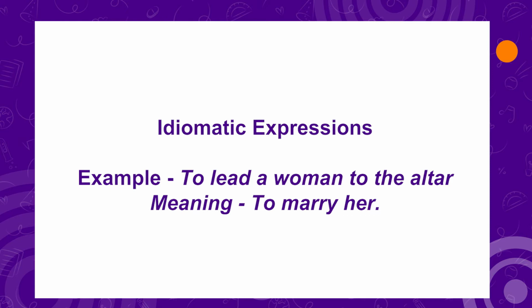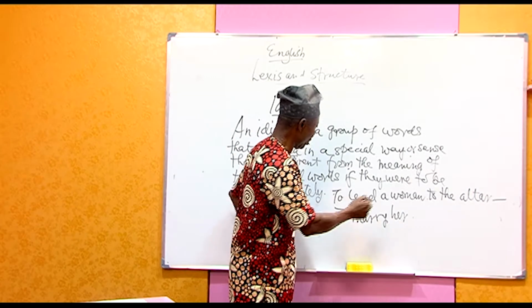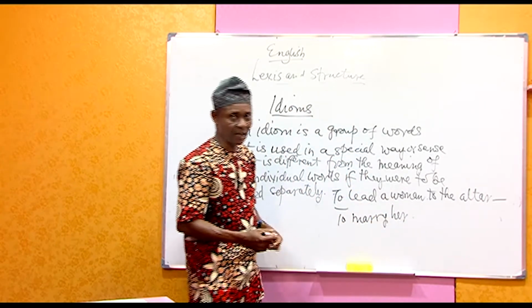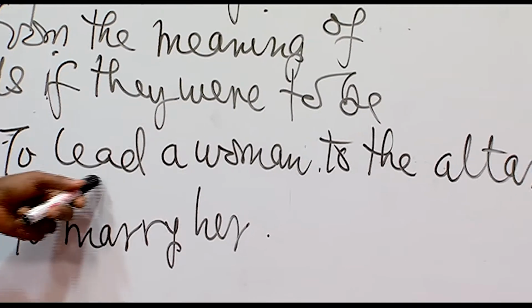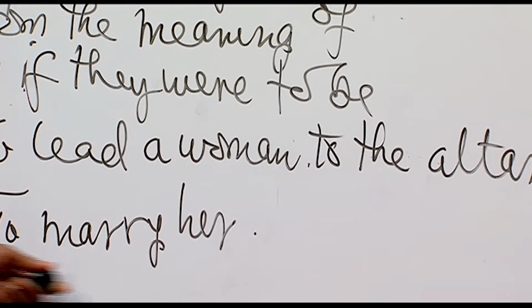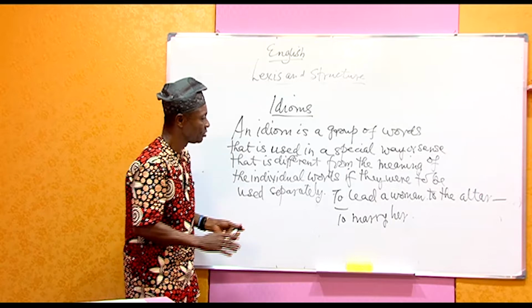And look at it here. What has to marry a woman got to do with leading her to the altar? You look at the individual words, altar, lead. It doesn't have any correlation at all, but the idiomatic expression is telling us that it means to marry a woman.